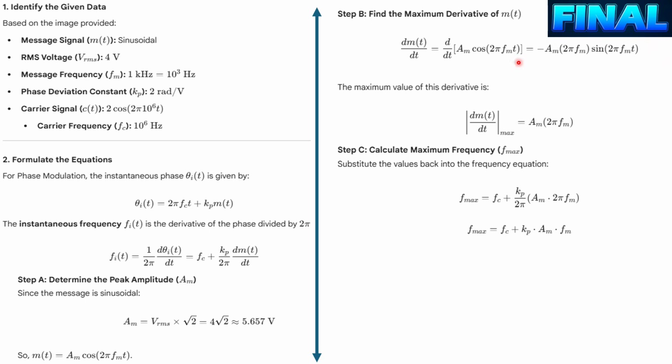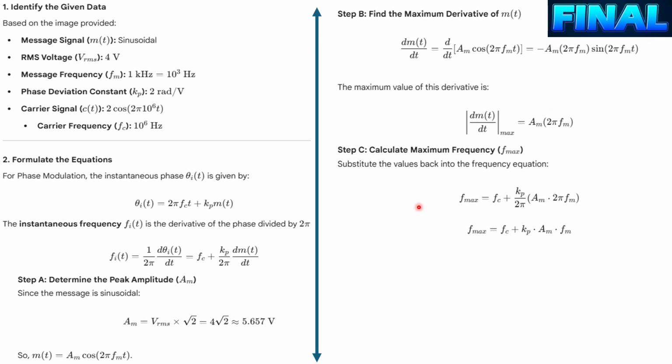Differentiating, we get Am into twice pi fm, right?